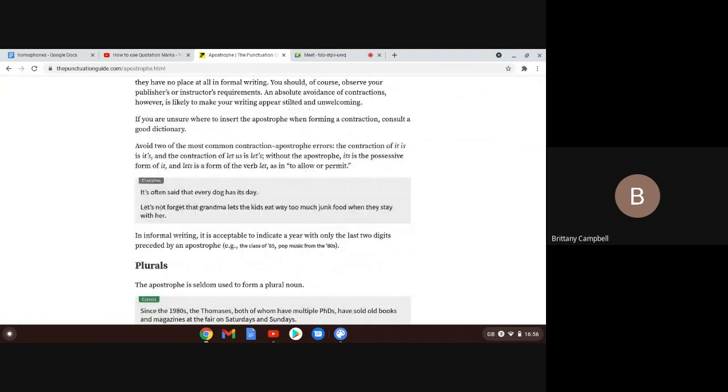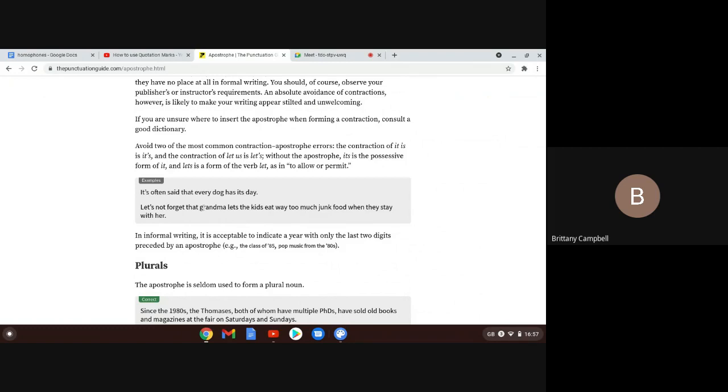So the first one here, it's often said that every dog has its day. Let's not forget that grandma lets the kids eat way too much junk food when they stay with her. So in informal writing, it is acceptable to indicate a year with only the last two digits preceded by an apostrophe, right?